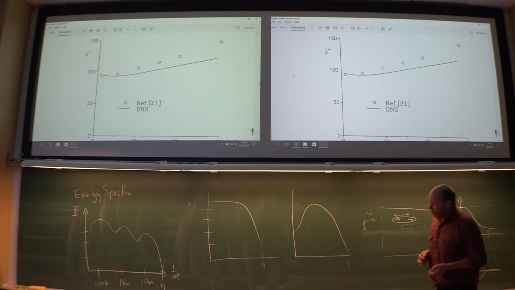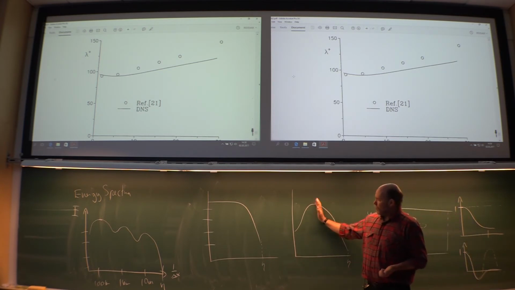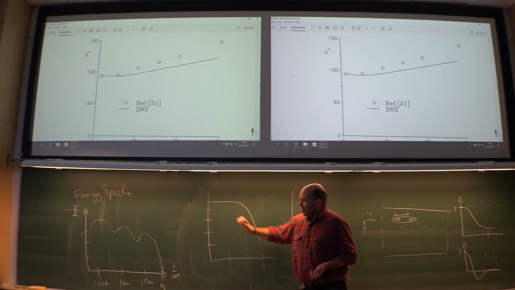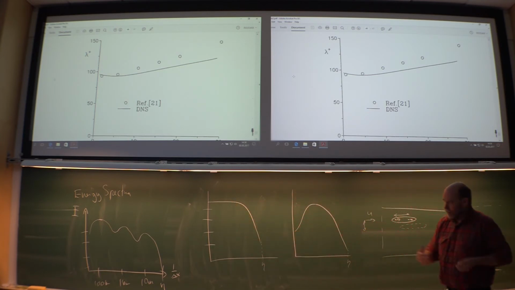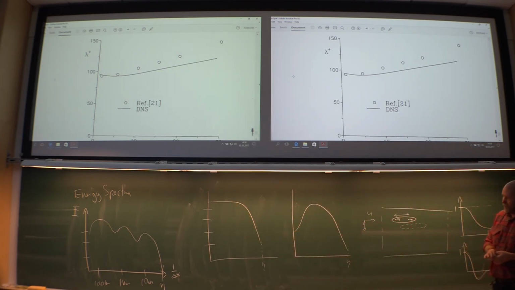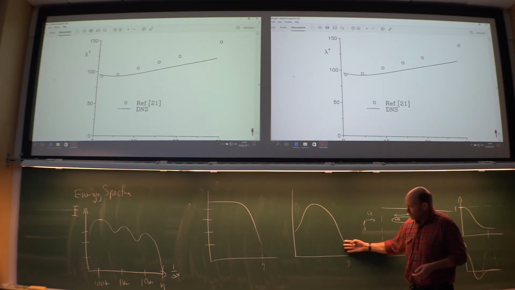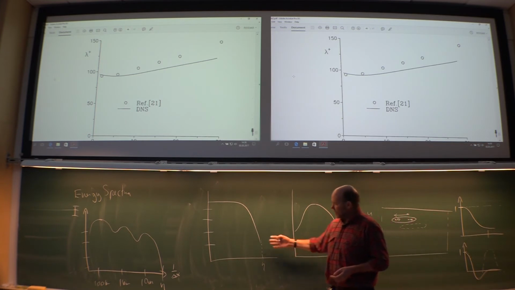Of course, the important part for the flow is where you have a lot of energy. And of course, that will be the big scale in your problem, but to resolve it decently, you also need to resolve the small scale behavior here as well.